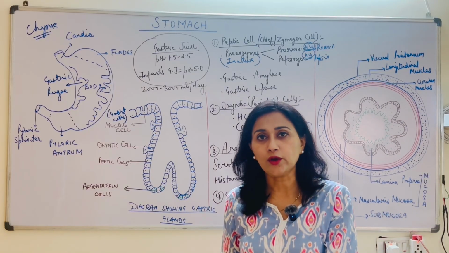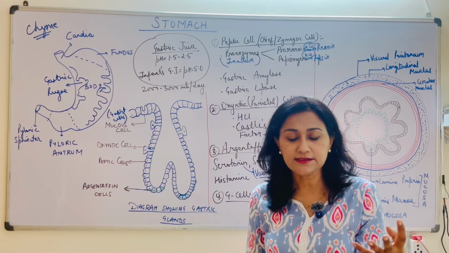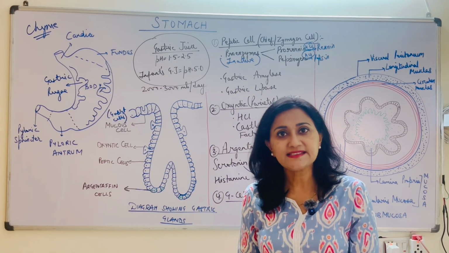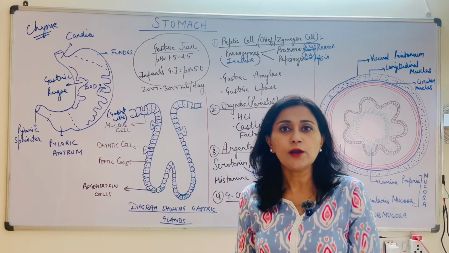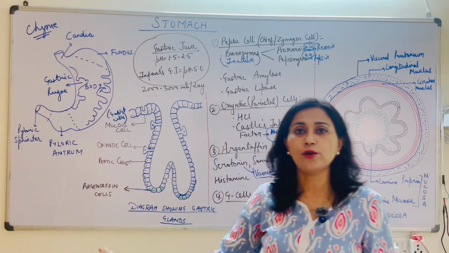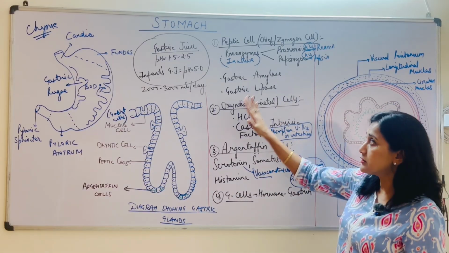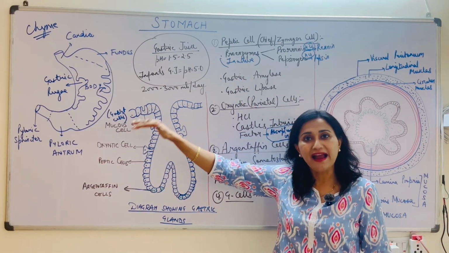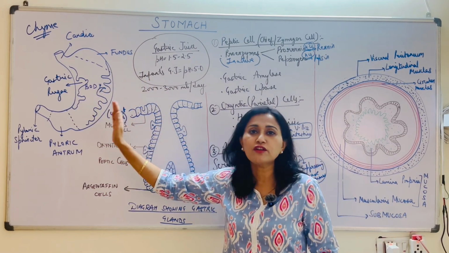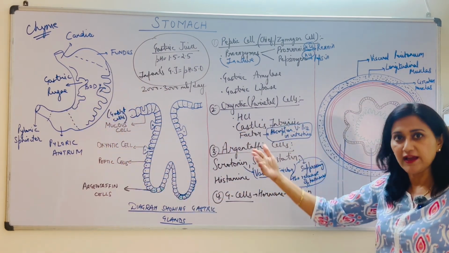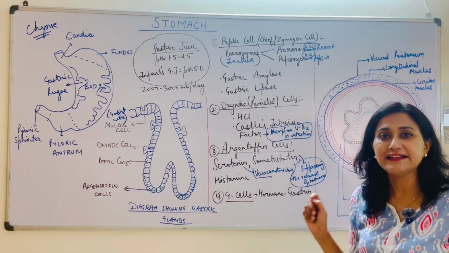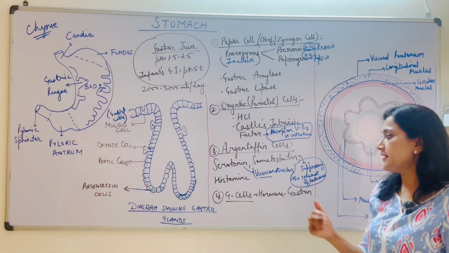Subsequently, when I'll be talking about the structure and the different hormones secreted by the intestine, there we will be talking about a hormone known as enterogastrone, which I am going to do in the next video, with all the hormones. So enterogastrone is also a hormone secreted by the duodenal epithelium, and it is going to act upon the suppression of the gastric juice. So that also has a role to play, one is your somatostatin, another would be your enterogastrone. So we will subsequently talk about that.